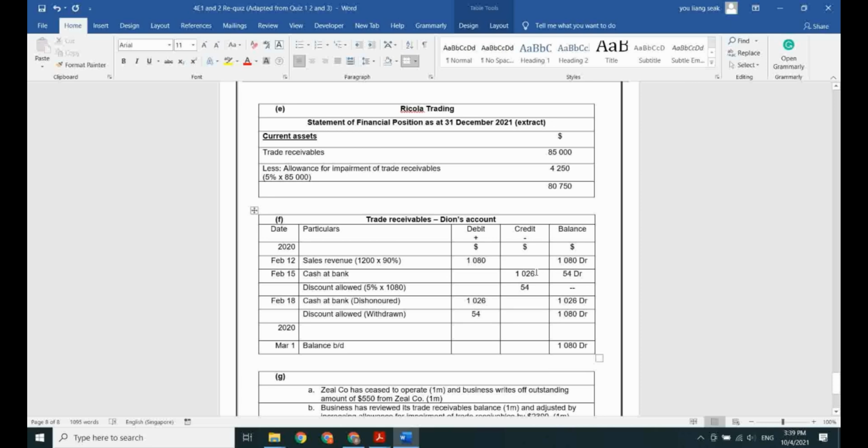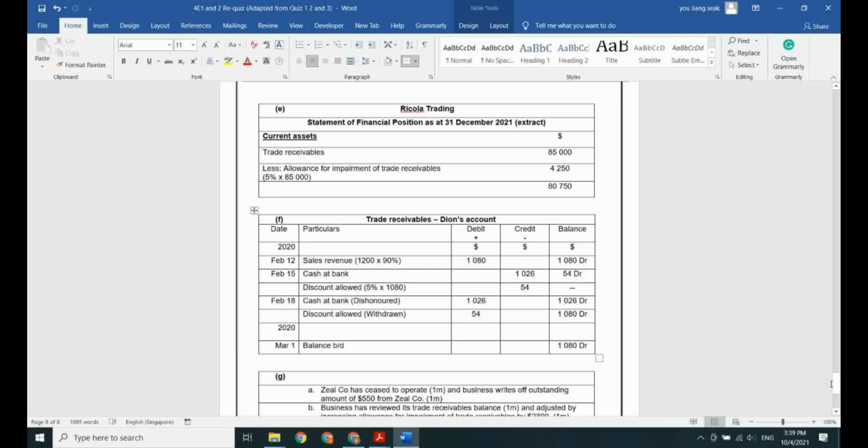So in this case, we just need to give a credit to Dion, 1026, because we only received this amount of money from Dion because she's enjoying this discount. As we are giving the customer discount, we are expecting to receive less money. So in this case, we need to record this expense account called discount allowed. And thereafter, there's no longer any debt that we're expecting to receive from Dion.